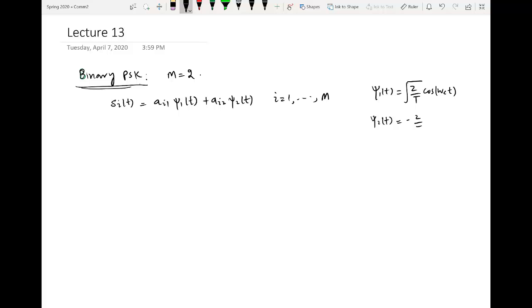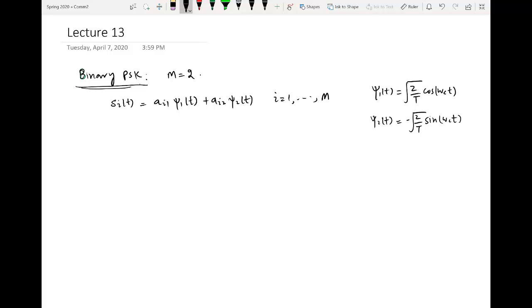Now, the equation was s i of t equal to a i1 psi 1 of t plus a i2 psi 2 of t, for i equal to 1 to capital M, where psi 1 of t was square root of 2 over T cos omega c t. Psi 2 of t, which is orthogonal to psi 1, was minus square root of 2 over T sin omega c t.